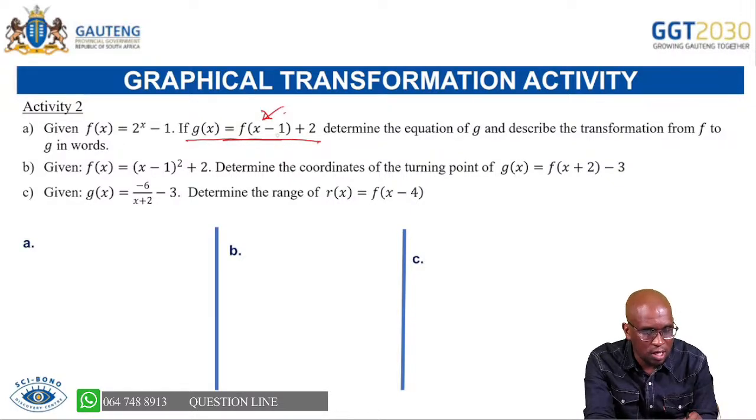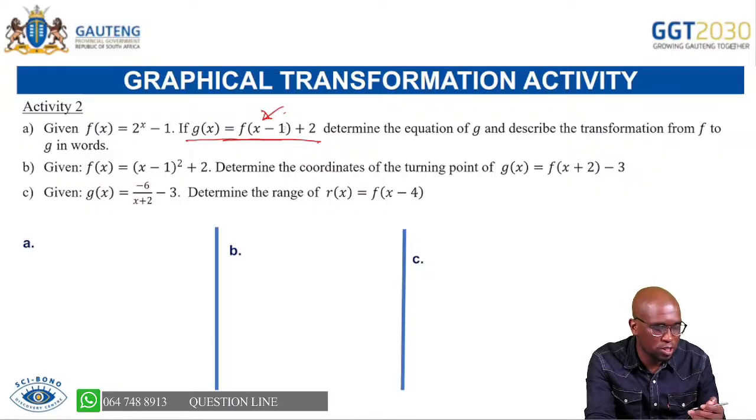You can see that there's a horizontal and vertical movement. So in the equation of f, where we see x, we're going to put x minus 1, and where we see a constant, we're going to add 2. Right, let's see.